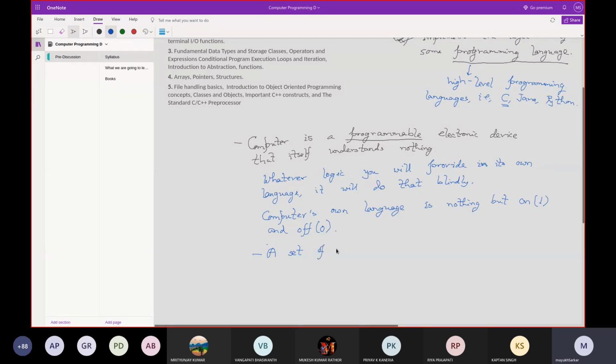A set of system software, not only a single system software, remember this. In fact, let me name them: macroprocessor, though even today's compilers include all these steps, theoretically these steps are different. Macroprocessor, compiler, assembler, linker, and loader are doing things together. I'll demonstrate what each of them does. Don't worry.